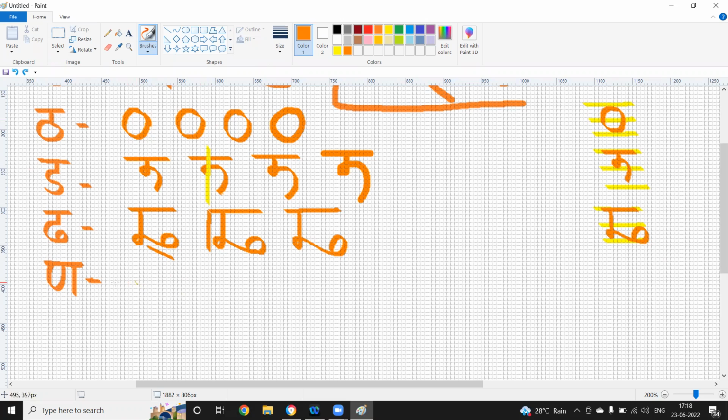Okay, so the last one from this varg is no. And this letter also doesn't have a Shirorekha. So I draw this curve in the beginning, then I draw one loop, then without lifting my hand, I draw another loop.